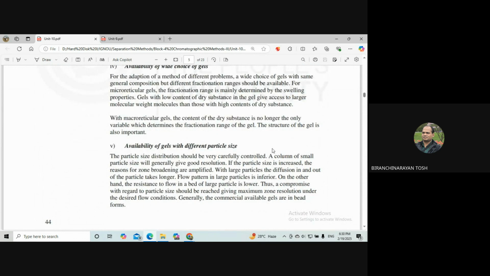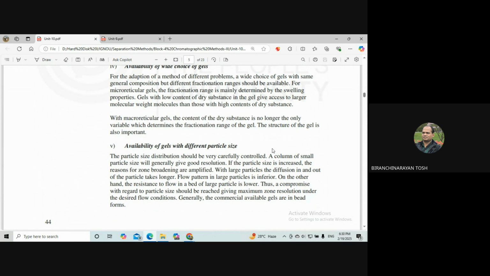Then availability of gels with different particle sizes. The same substance should be available in different particle sizes. The particle size distribution should be very carefully controlled. A column of small particle size will generally give good resolution. If the particle size is increased, then the regions for zone broadening will be amplified.